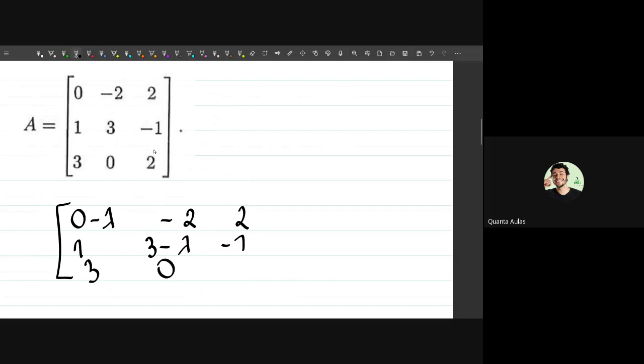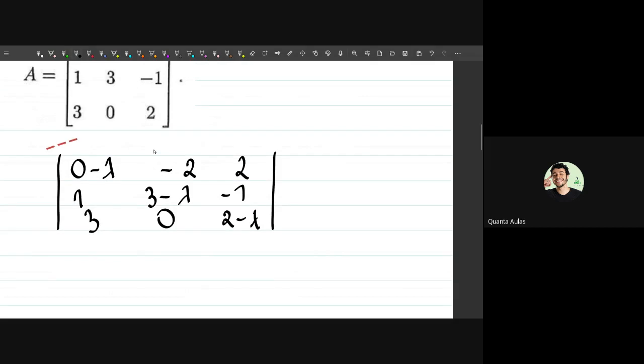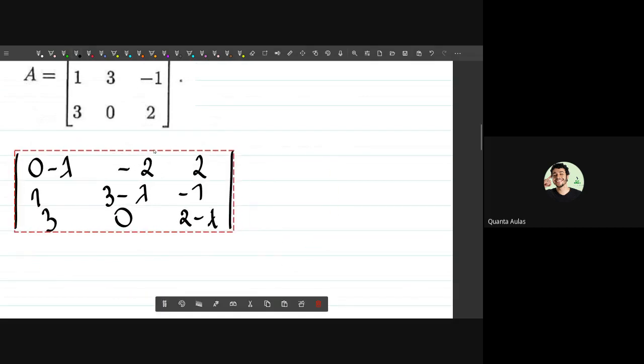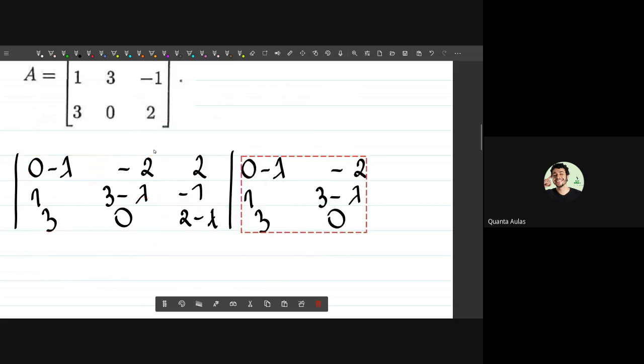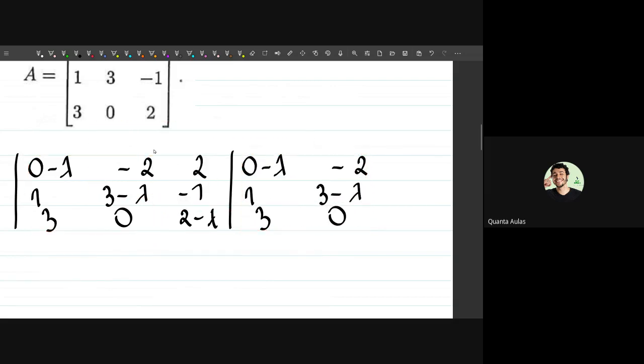So now we need to do a determinant. I don't know if you know what a determinant is, but a determinant is a math operation that involves multiplying lines and rows, something like that. So let's go.